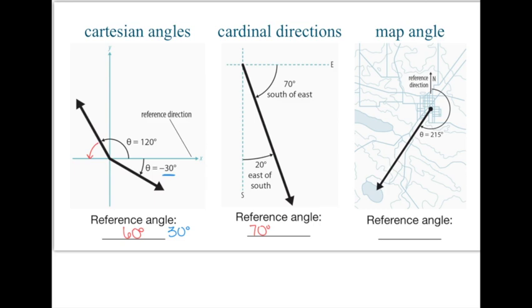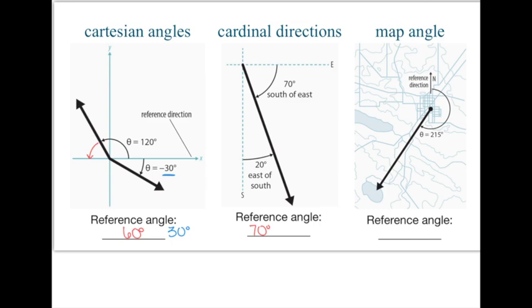Here's where it gets a little tricky. When you're plugging these into your calculator, 20 degrees east of south, you cannot use 20 degrees because your calculator is always going to refer back to the reference angle. So if you put in 20 degrees, it thinks you're 20 degrees away from your x-axis. You're not, right? So for this one, 20 degrees east of south, I am again at a reference angle of 70 degrees.